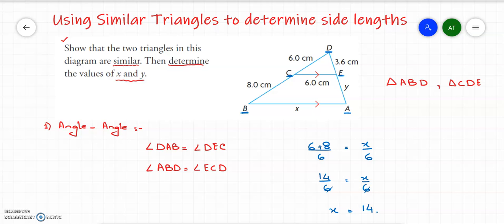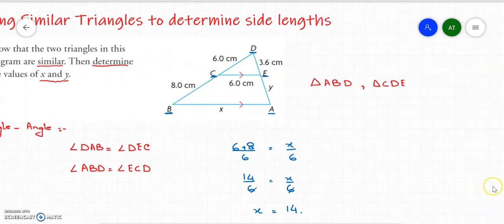Now let's determine the y value as well. To get the y value, we have to look at the side length AD. The side length AD is y plus 3.6 centimeters, and the corresponding side length in the other triangle is ED, that is 3.6.